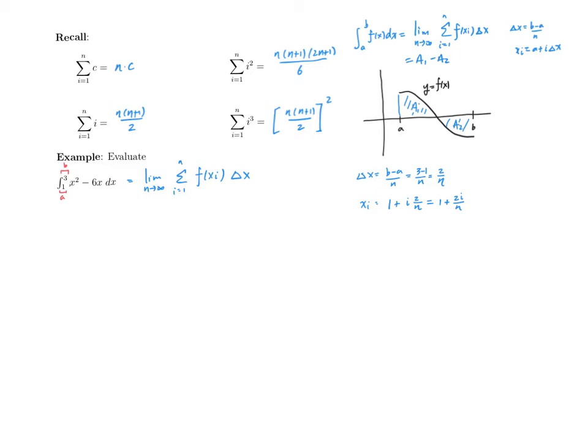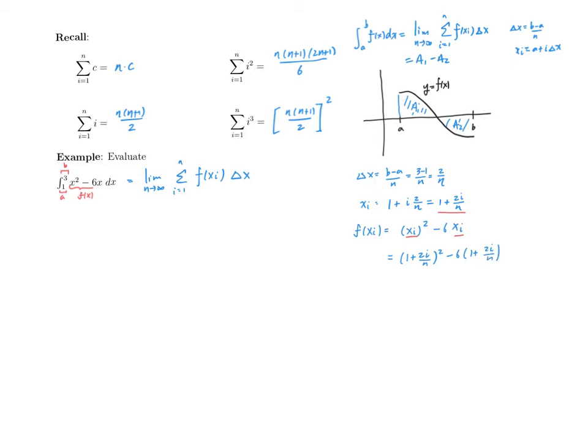f of x is the function we are integrating. So f of x sub i would be x sub i squared minus 6 x sub i. As we know a formula for x sub i, let's substitute that in as a little bit of side work. So (1 plus 2i over n) squared minus 6 times (1 plus 2i over n).